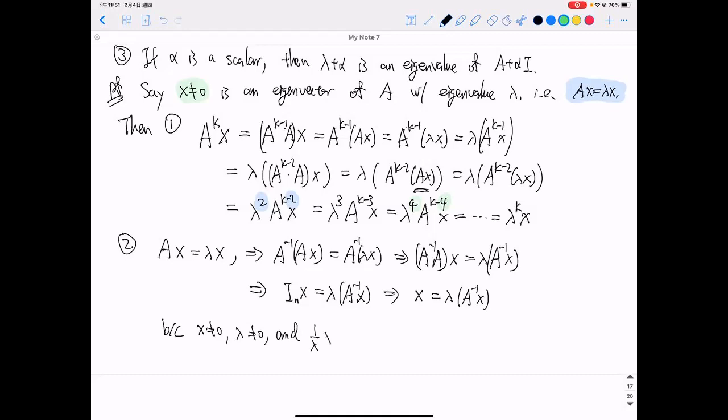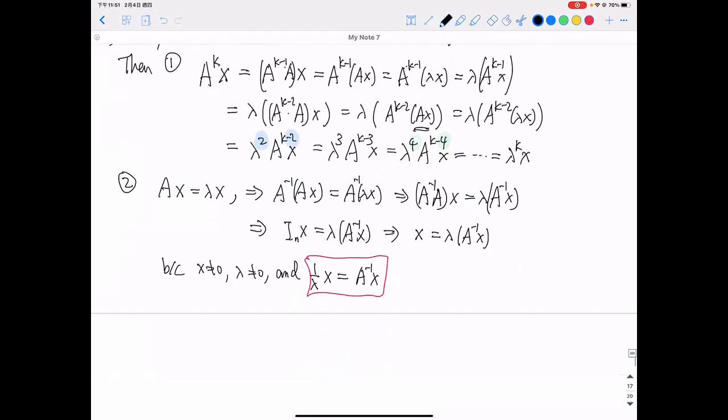You get 1 over lambda times X equals A inverse X. And this equation is telling you that 1 over lambda is an eigenvalue of A inverse. Okay, simple.